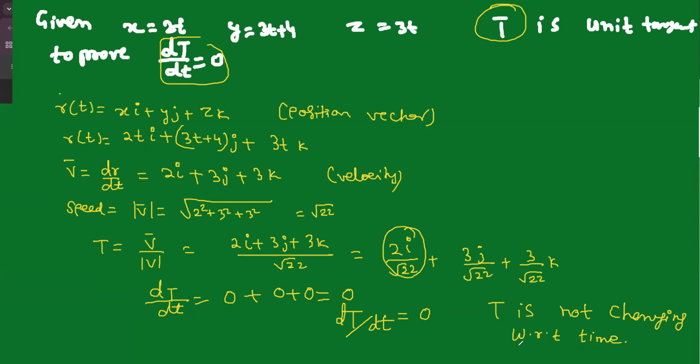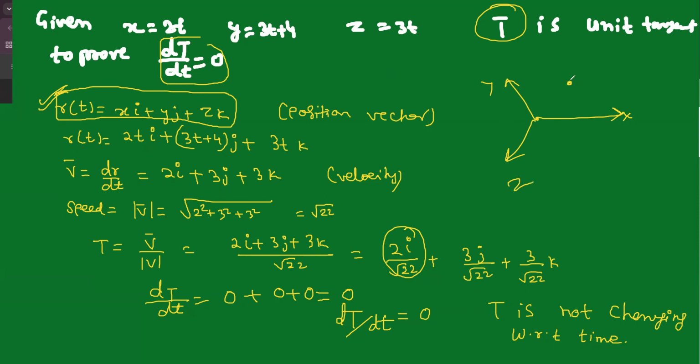Only one new thing is there. Start from here, position vector. Position vector is what? Let's suppose a point. X-axis, y-axis.